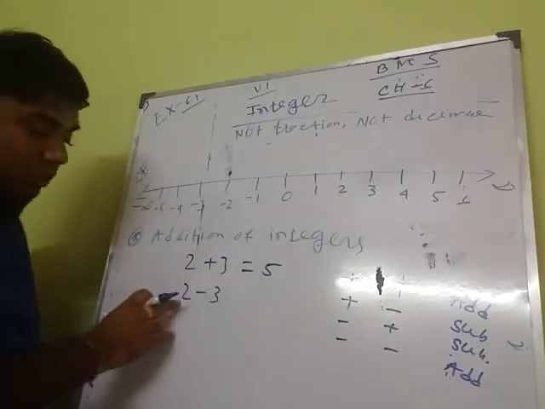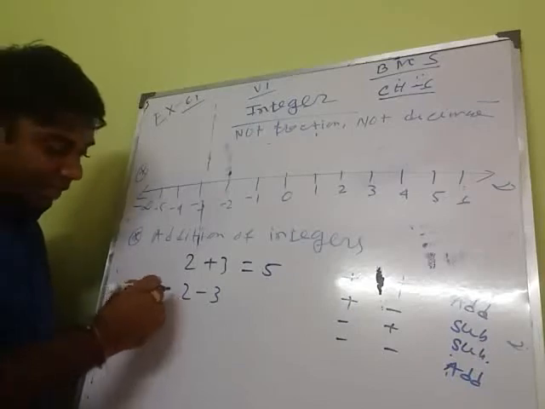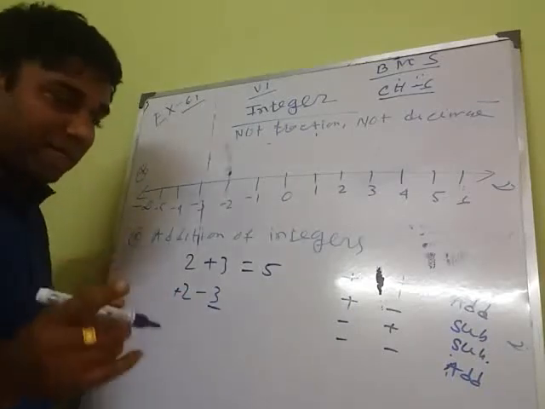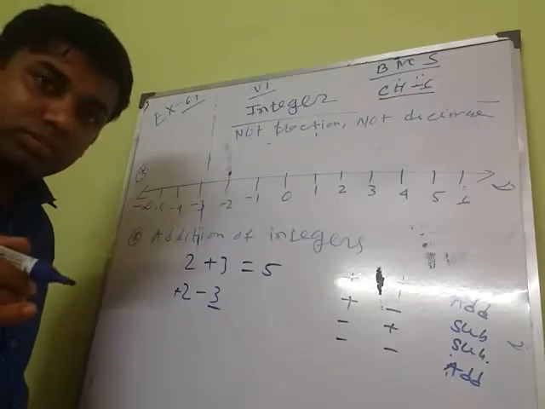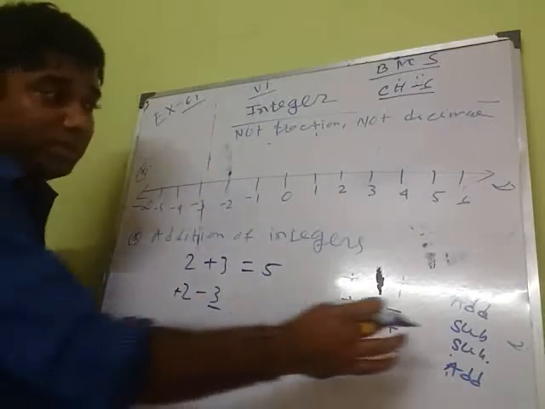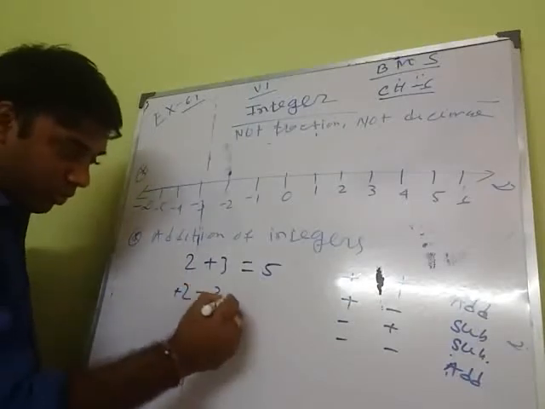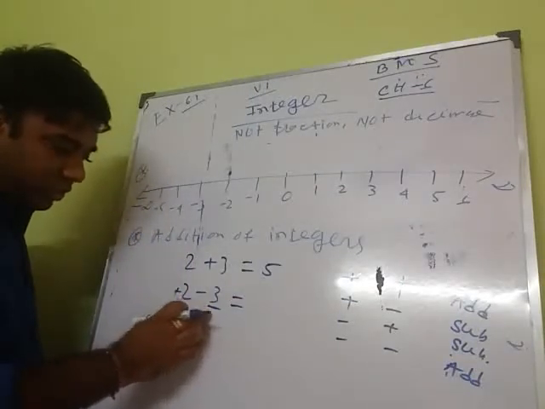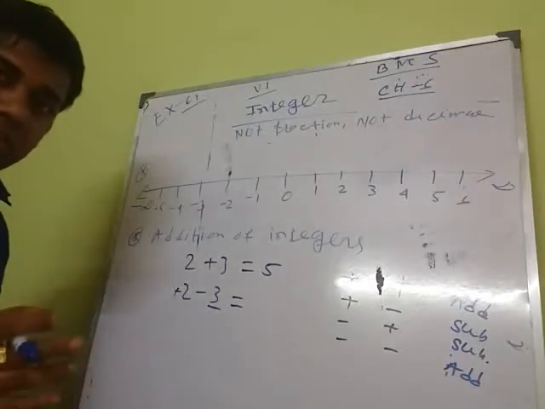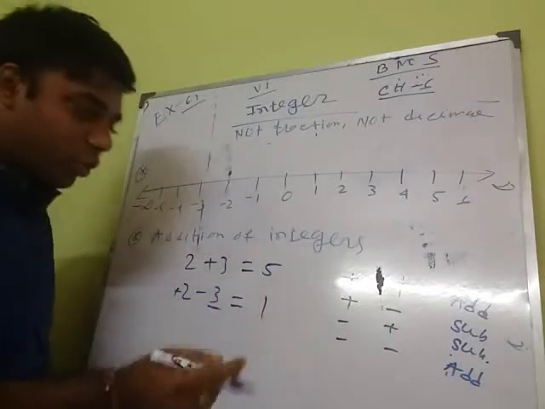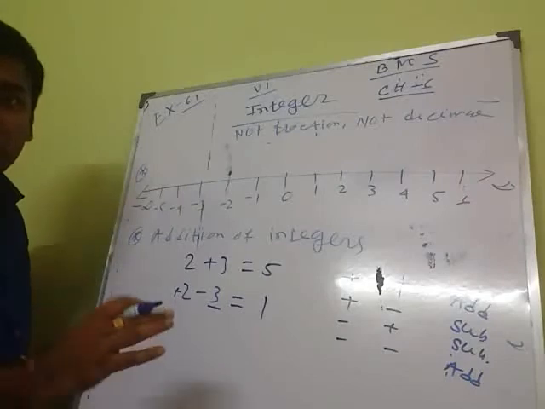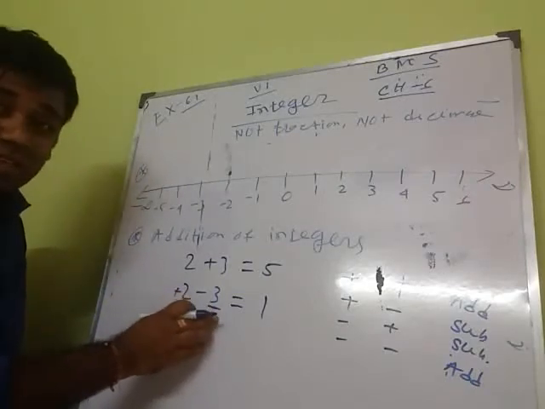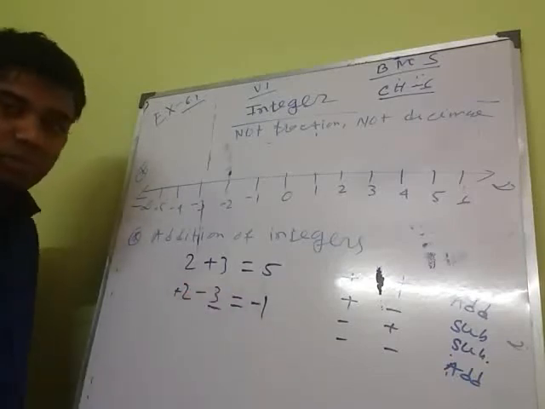Here 2 is positive and 3 is negative, so plus and minus means subtraction. The difference between 3 and 2 is 1. Now what will be the sign of 1, plus or minus? Between 2 and 3, which is greater? 3. The sign of 3 is minus, so the answer is minus 1.